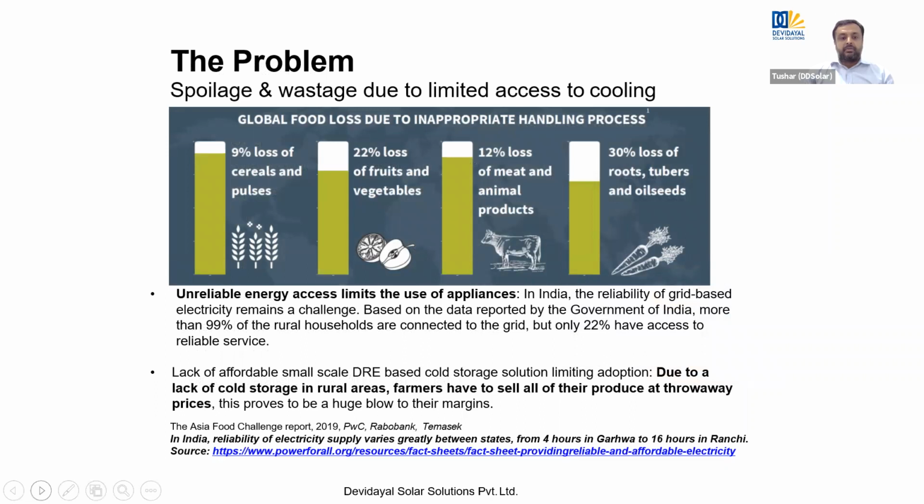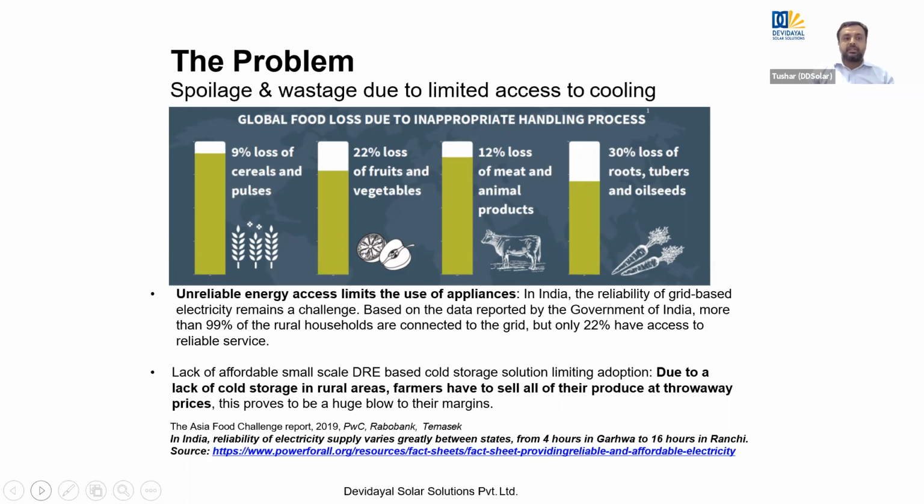So again, what is the problem that we're addressing? At least in India, when we look at grid connectivity, the government of India claims that 99% of rural households are connected to the grid, but a very small percentage of that have reliable service. When it comes to cold storage, cold chain, you really need 24/7 cooling, because otherwise there's a large problem of spoilage and wastage.